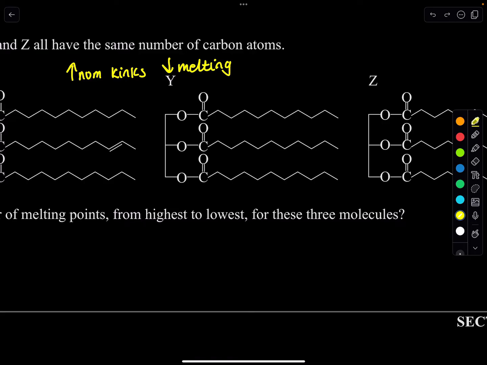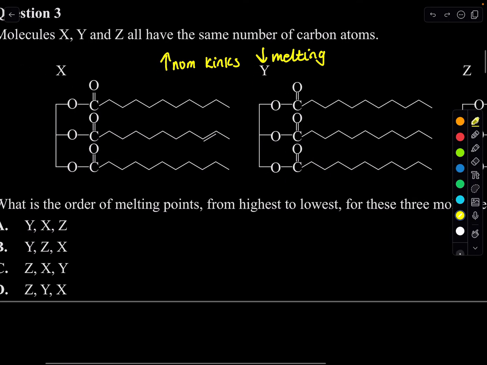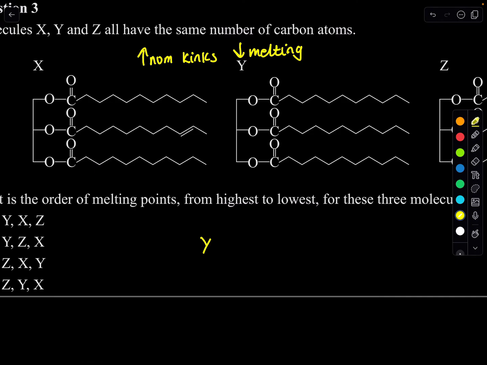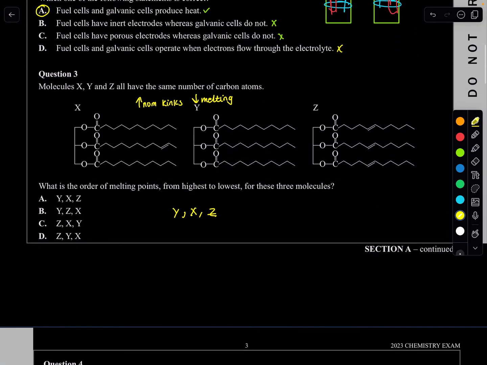Y has no double bonds, no kinks, so it's going to be the highest, whereas this one only has 1 kink and hence is second. From highest to lowest: the highest is Y because it doesn't have any kinks, X is next, and Z is the lowest melting point because it has the most kinks. So Y, X, and Z.